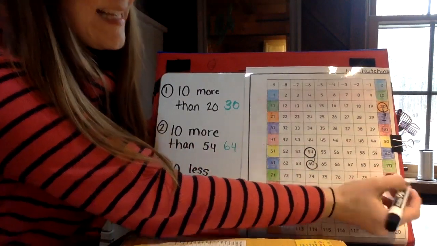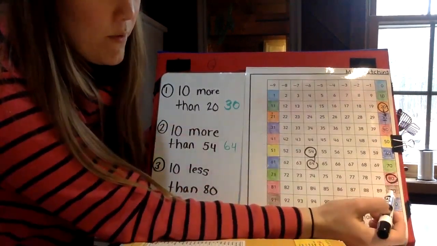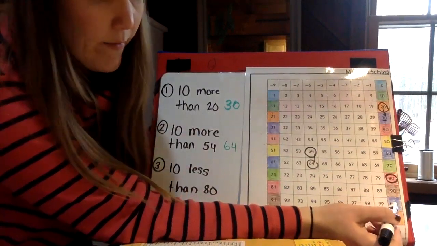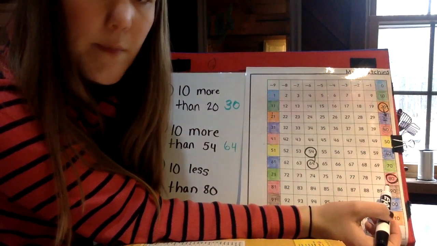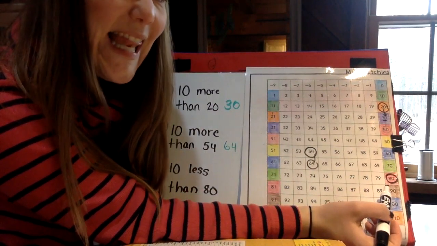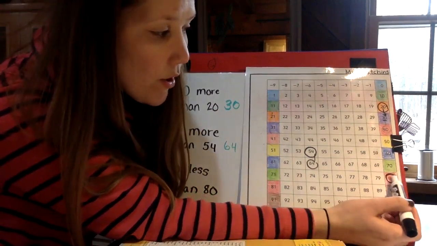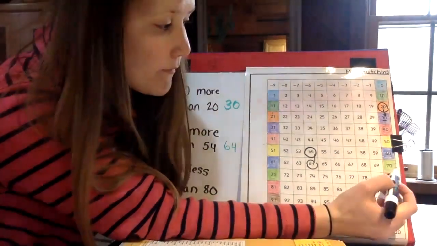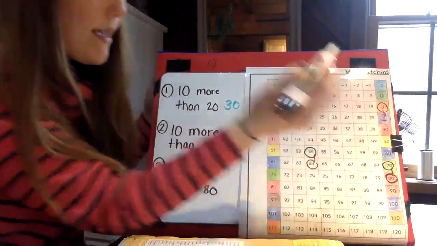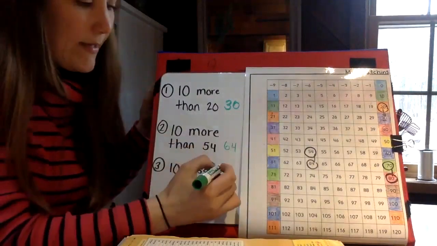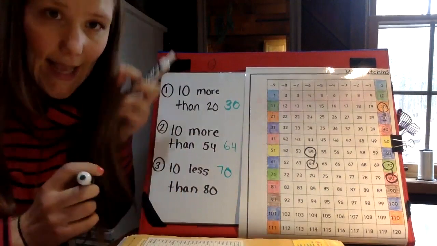There's 80. 10 less than 80. Now I have been adding 10 more, and I've been going down a row, down a row, down a row. But now I'm not adding, I'm subtracting 10 less. So I am going to go up a row. So this is like subtracting 10. And I land at 70. 70 is 10 less than 80.